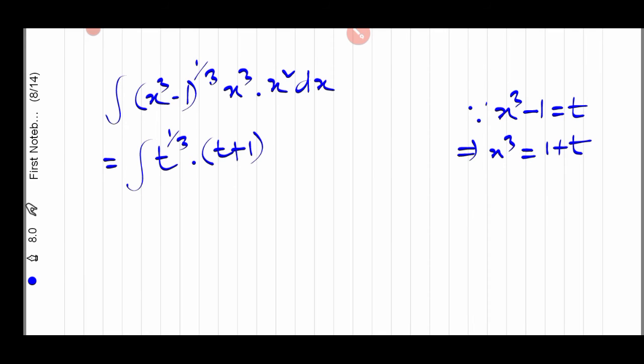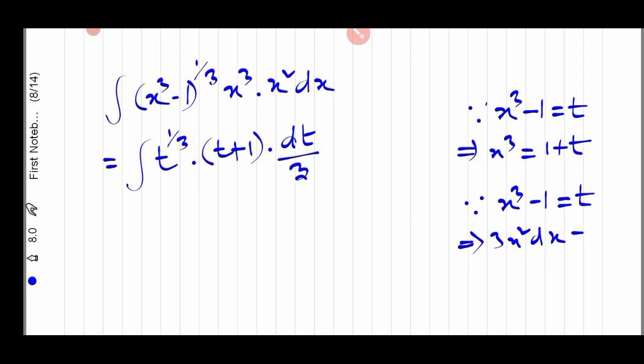And instead of x square dx we can write dt by 3, since we assumed x cube minus 1 equal to t, and on differentiating both sides we have 3x square dx equal to dt, and from here x square dx equal to dt by 3.